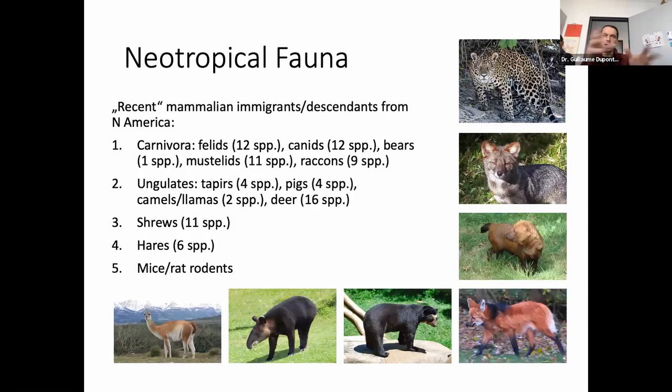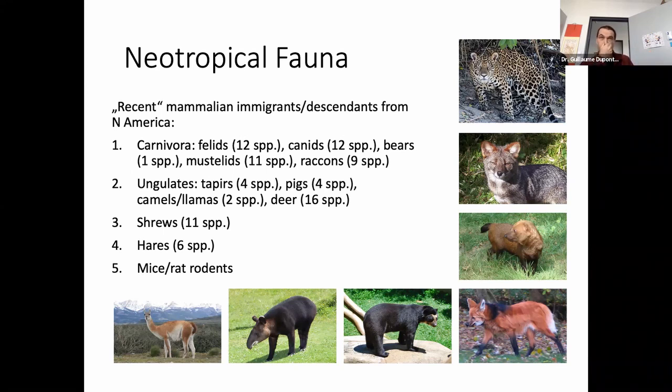So what we have now in South America is what you consider neotropical fauna, maybe, and think, wow, the jaguar, it's so specific, yeah. Or the llama, it's so specific. Yeah, they are very recent arrivals, and they descend from mammals which were able to cross this land bridge, this filter.